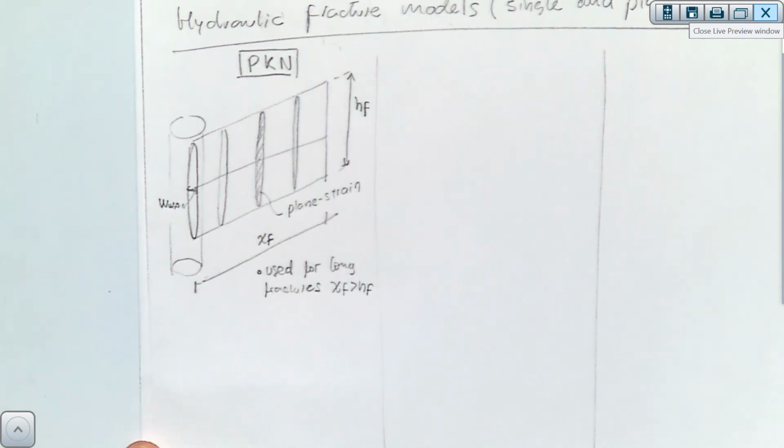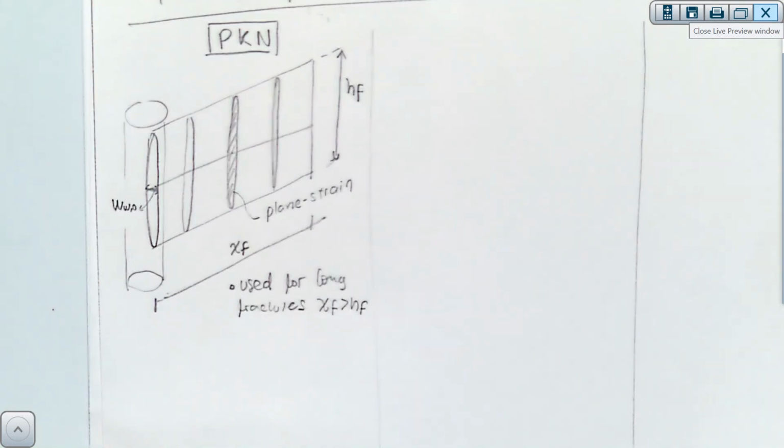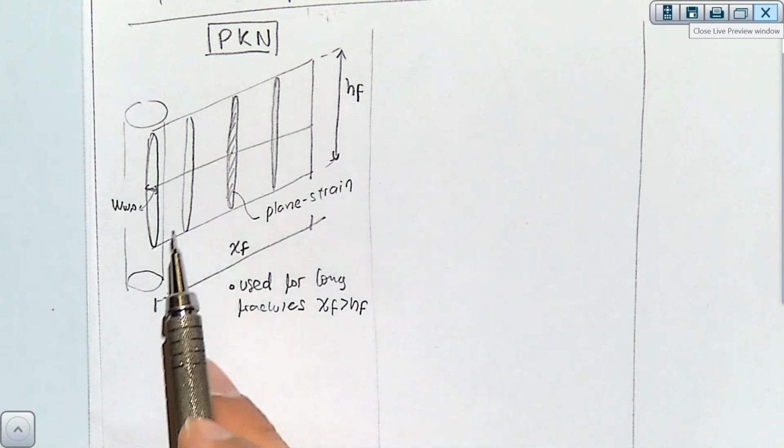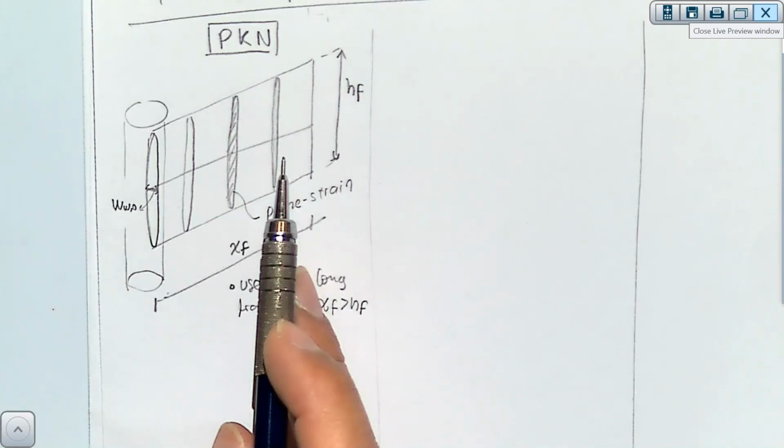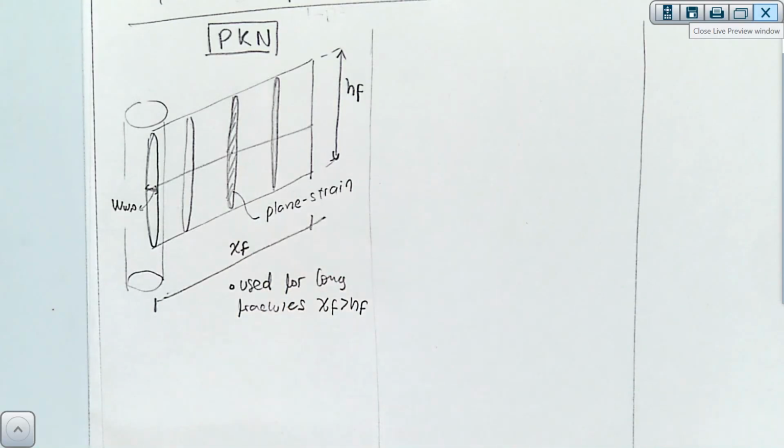Once you assume this geometry, it's relatively simple to show how much fluid can flow through the fracture and what is the gradient that you need for that, the pressure gradient.